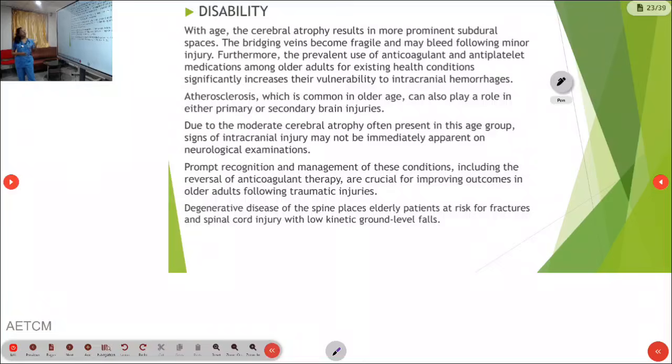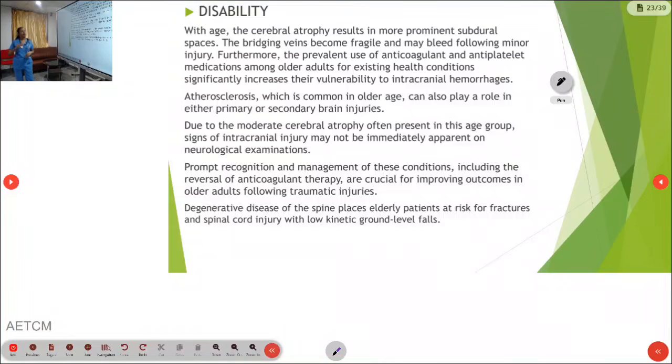Disability wise, in cerebral atrophy the patient is more prone to have enlarged subdural spaces. So the bridging veins are more fragile, and even for minor injury there is a huge chance of traumatic brain bleeds. In addition, there will be anticoagulant and antiplatelet medication.